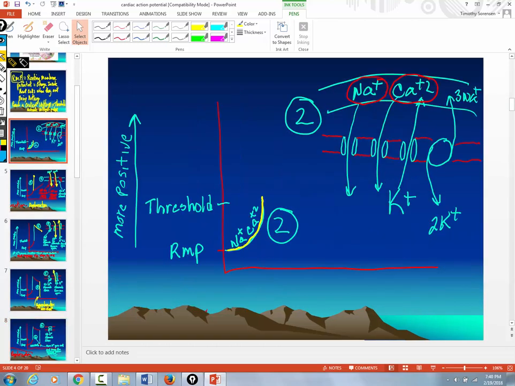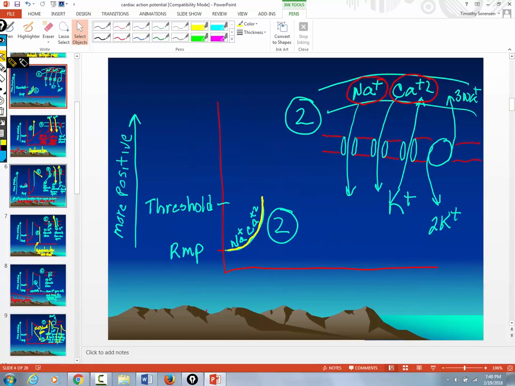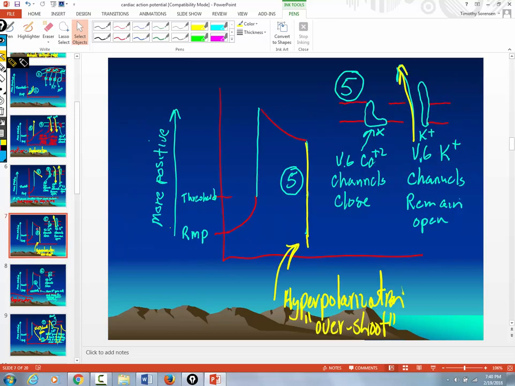Okay, so watch. I'm just going to tell you. Repolarization of the ventricles occurs due to potassium leaving.